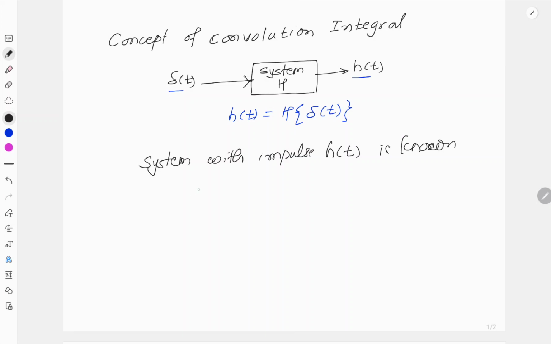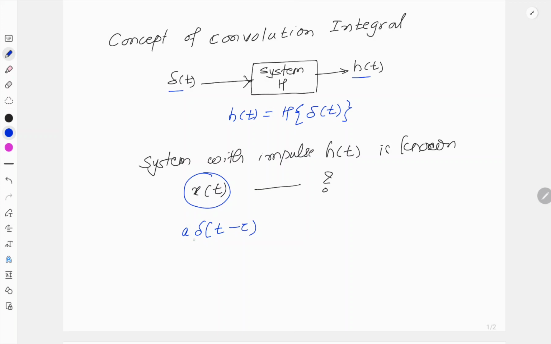Now I need to apply x of t to the system and find out what will be the corresponding output for this system. The aim in convolution integral is to represent this given signal x of t in terms of a weighted function of impulse function. A weighted function can be like a into delta function, a weighted impulse function, as well as a time shifted version, so delta of t minus tau.